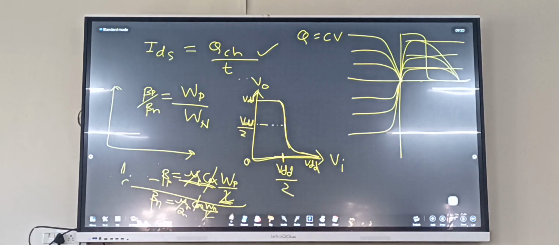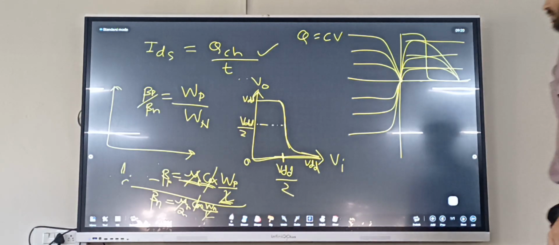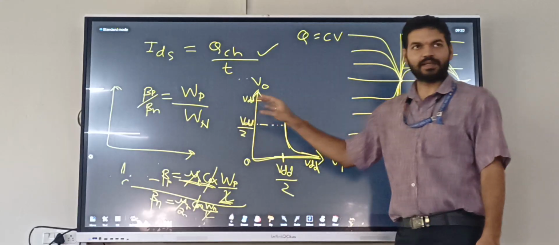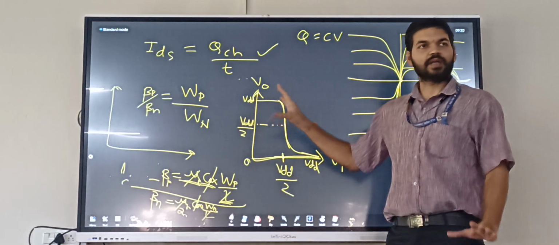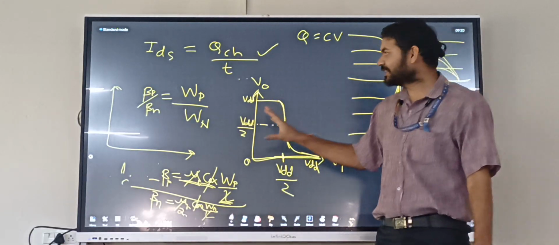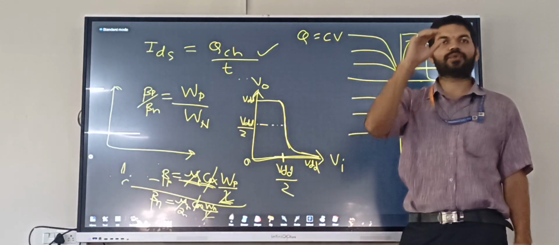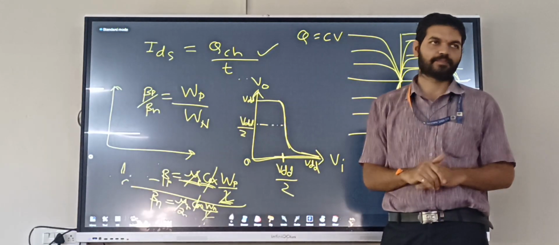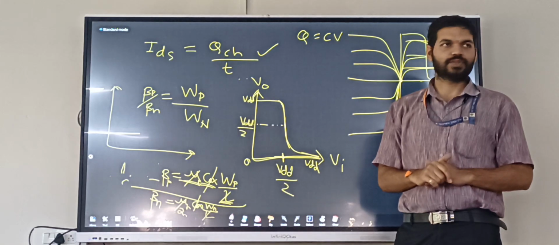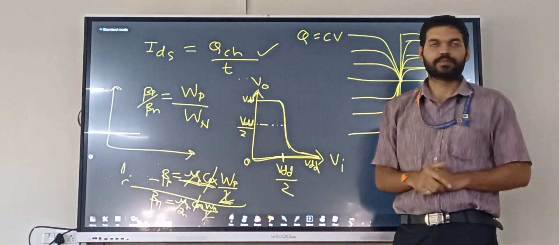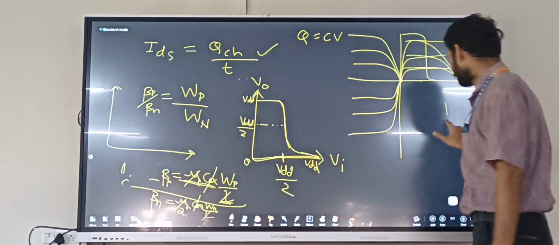We are studying the beta ratio on the transfer characteristics. I'll tell what that is. Beta ratio. If I change this beta ratio, what does it mean? It is always PMOS by NMOS. Beta ratio means it is always PMOS by NMOS, because we have only 2 MOSFETs.